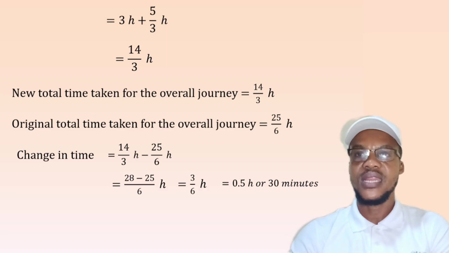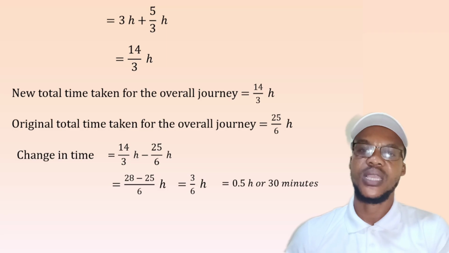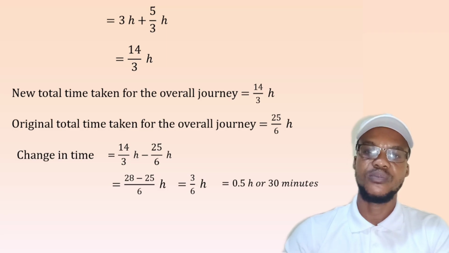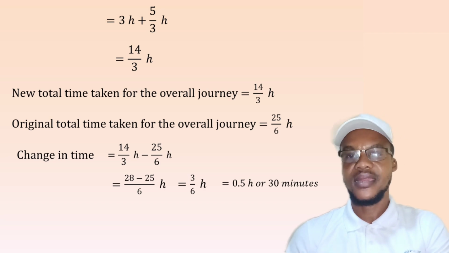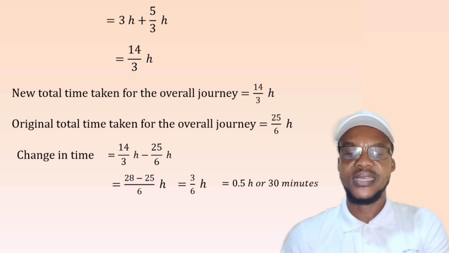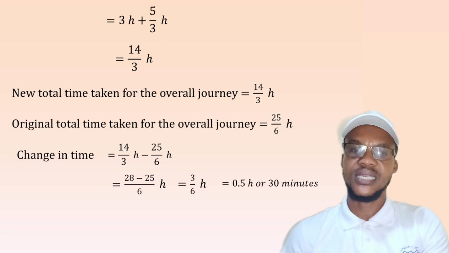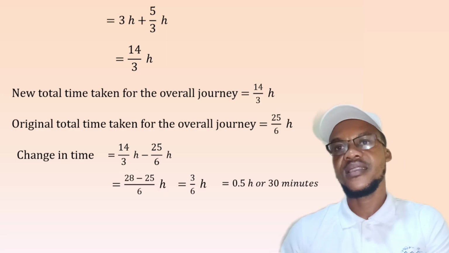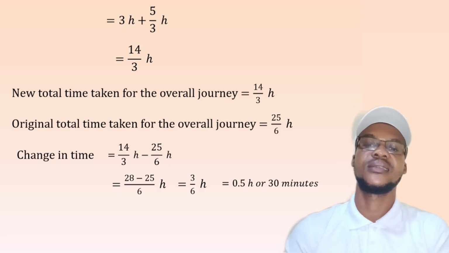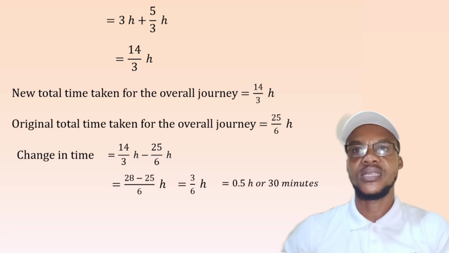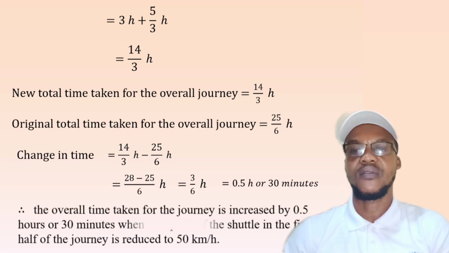So when the average speed in the first half reduces to 50 kilometers per hour, the overall time taken also increases by 30 minutes, or by 0.5 hours.